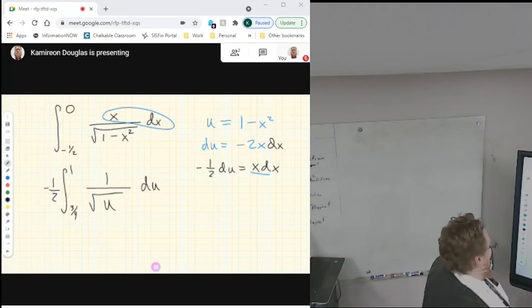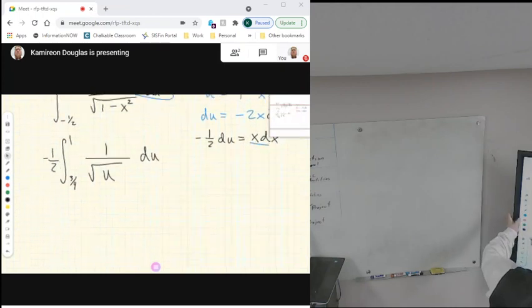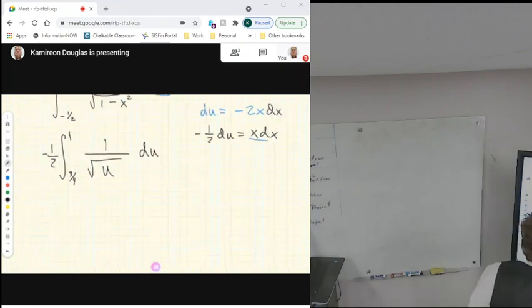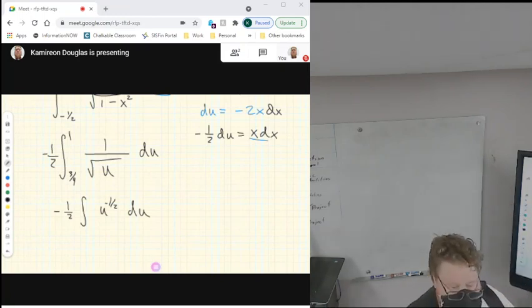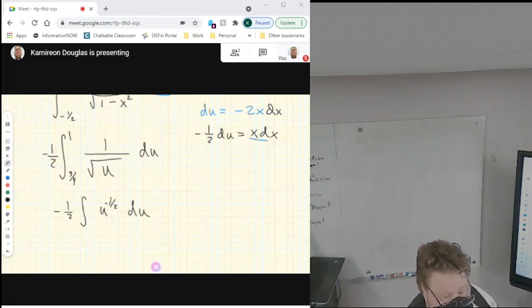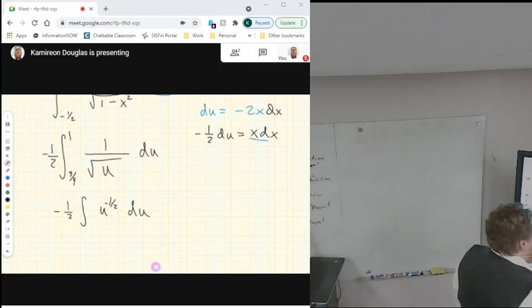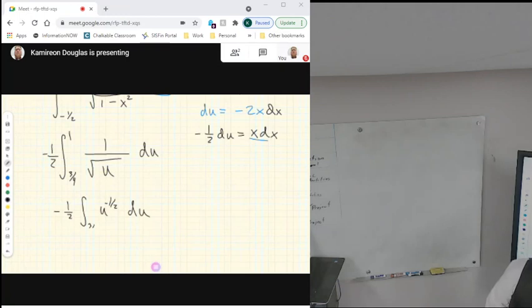Okay, now I integrate. As a reminder, this would simply be negative 1/2 integral of u to the negative 1/2 power du. Just algebraically rewriting it. And then I integrate this function, again, from 3/4 to 1.